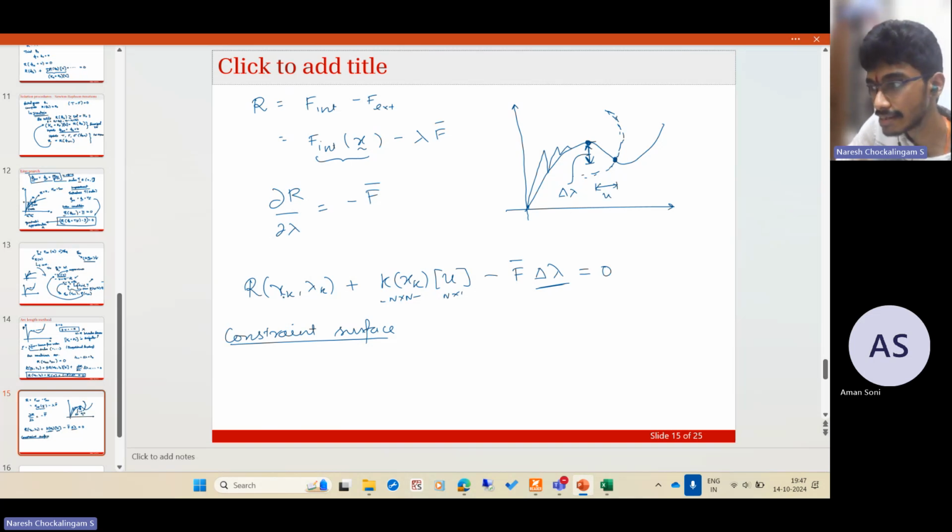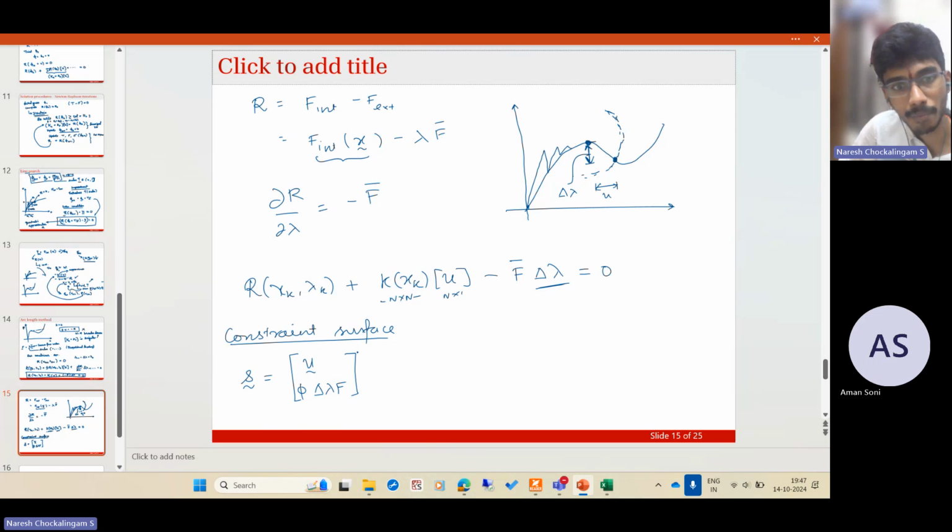So have a constraint surface in this form, where I can make both of these unknowns. So define a new vector S, which has u as well as some delta lambda times f bar, and you put a phi. This is a force quantity, this is a displacement quantity, so for dimensional consistency, you put a phi. Phi can be just 1, it's not important.